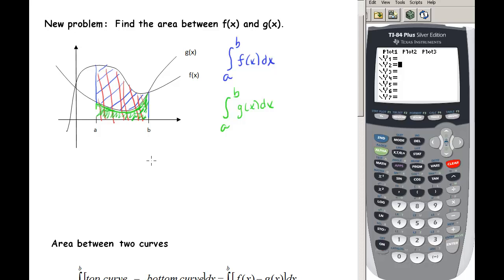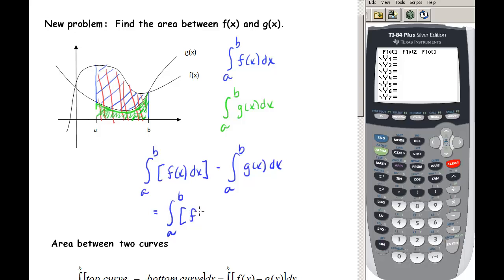So the area of our blue region is just the area of f of x dx minus the area of g of x dx, and if we want to combine that into one integral, we go from a to b of f of x minus g of x dx.